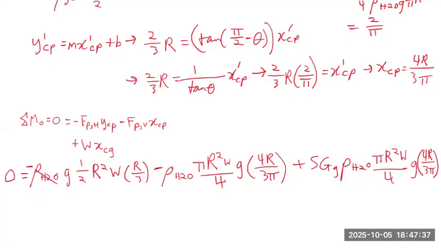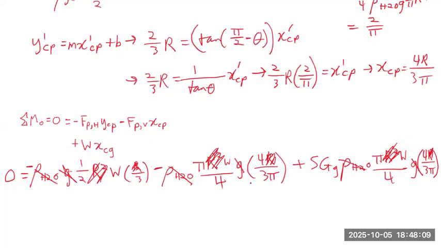Each of these terms has rho H2O, so we can cancel them. They all have gravity, so let's cancel it out. They all have R squared, and another R, so let's eliminate those.